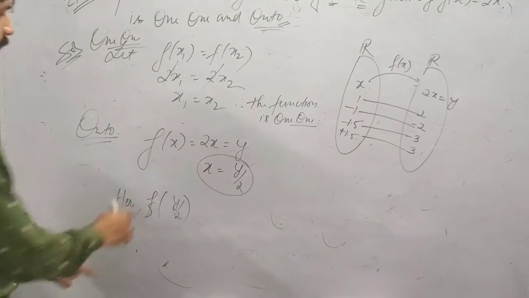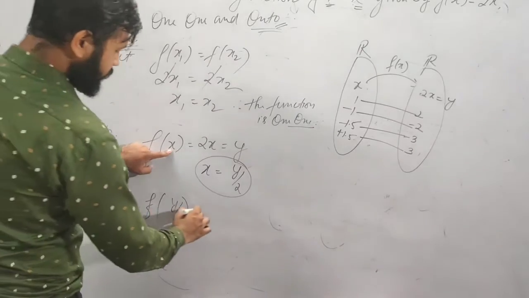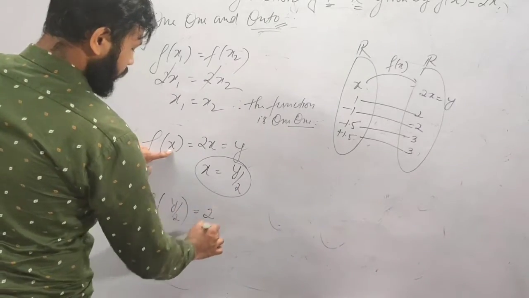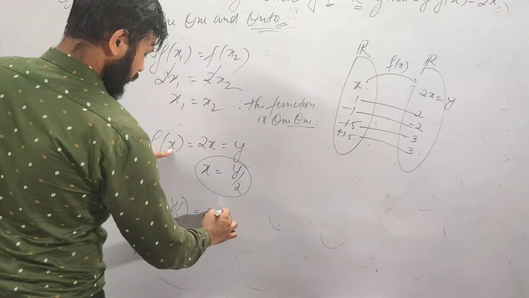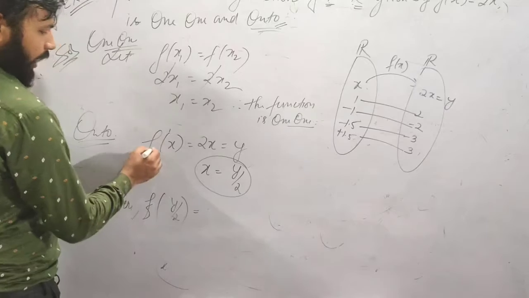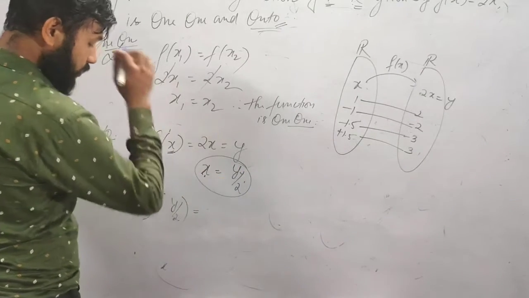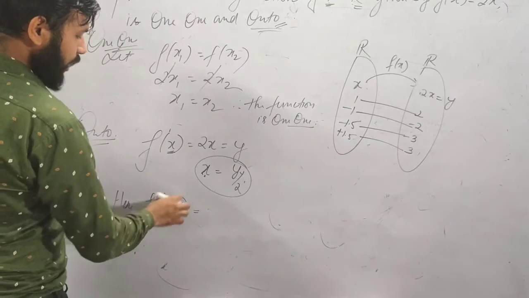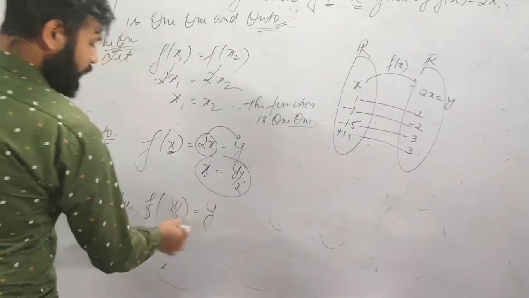As we already know, f(x) is equal to twice of x. Now the value of x means y by 2. So f(y/2) means twice x, and twice x means what? y.